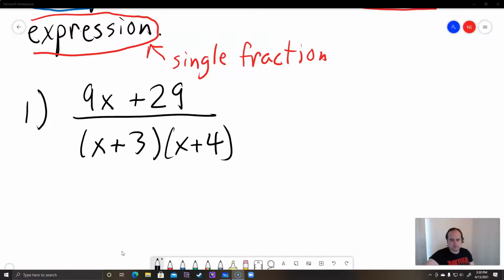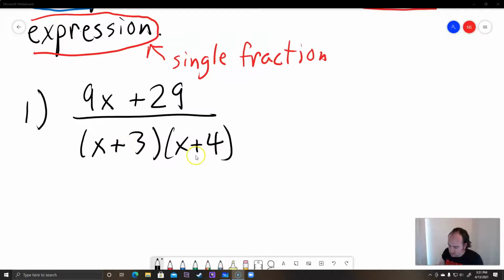So what are we going to be doing with this fraction? Like I said, we're going to be splitting it up into smaller fractions. But then the question is, what are those smaller fractions going to look like, and how do we know how many of them there are going to be? Well, you look for the number of distinct factors in this denominator. That's actually the trick there.